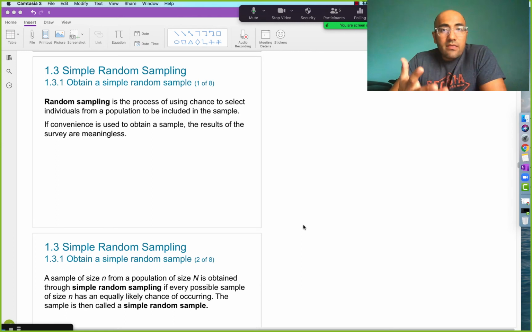So if my method of trying to get a sample of students is just to send out an email and see who responds, then my sample isn't really going to include people that are technology deficit, right? Obviously. Also, maybe people have blockers in place and they see my email and they just think it's spam and delete it.